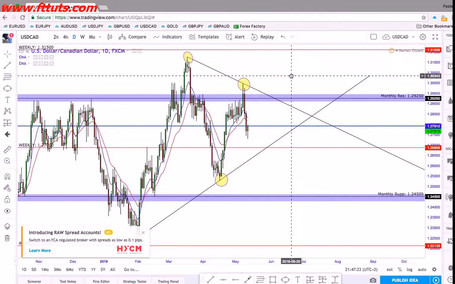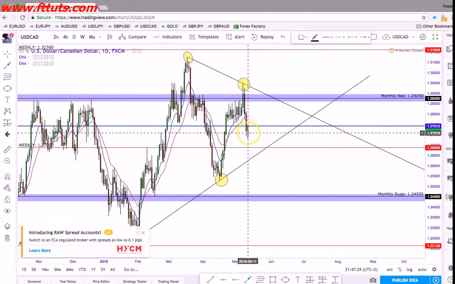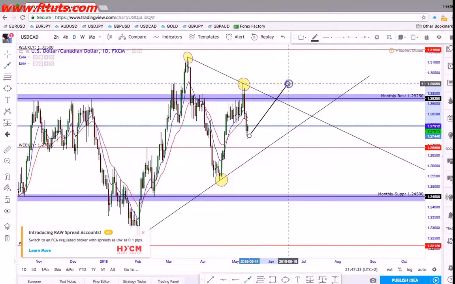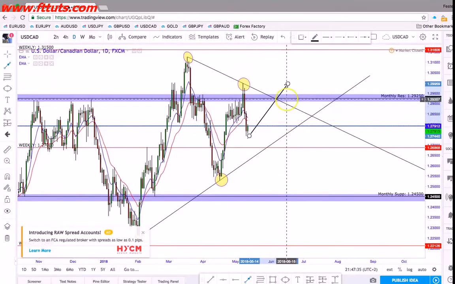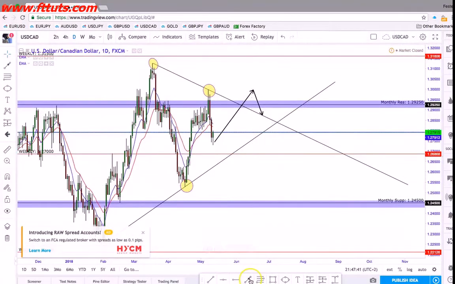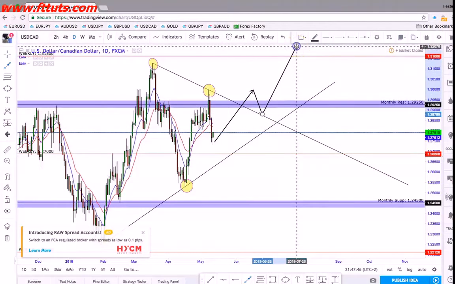So let's just say the market came down over here. Let me throw an example. So here's the market, and now it comes up and it breaks. Instead of bouncing, it breaks what was resistance. It then comes down, tests the trend line for support, and then boom, shoots up just like that.